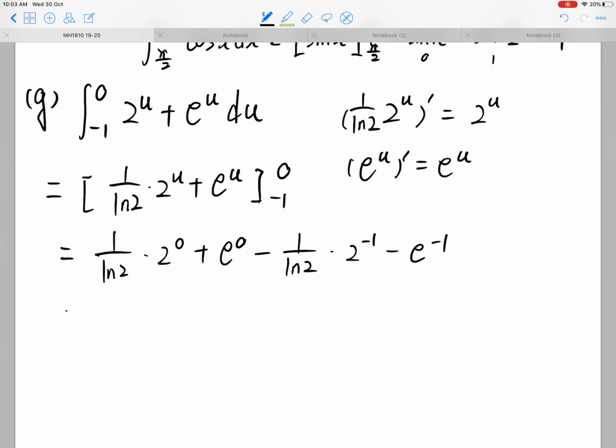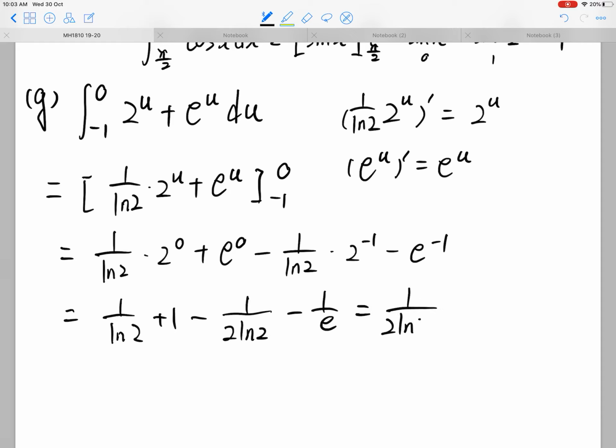So this part is 1 over ln 2 plus 1 minus 1 over 2 ln 2 minus 1 over e. So it is 1 over 2 ln 2 plus 1 minus 1 over e.